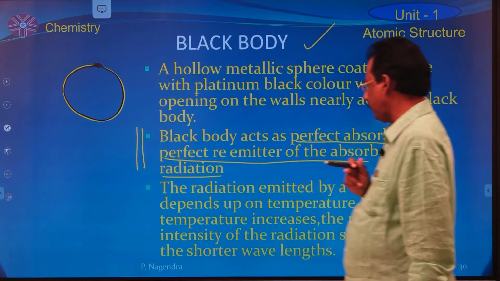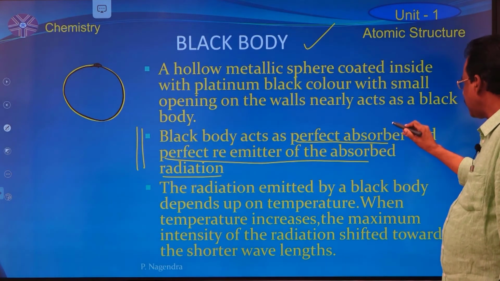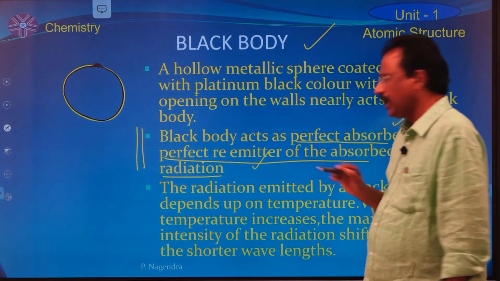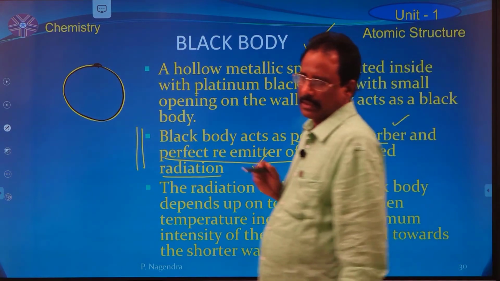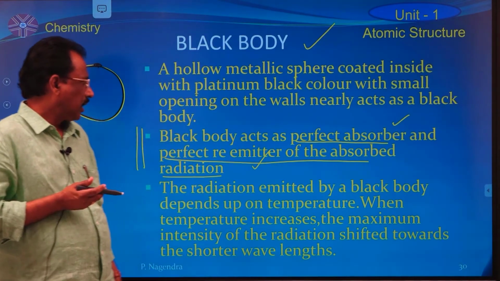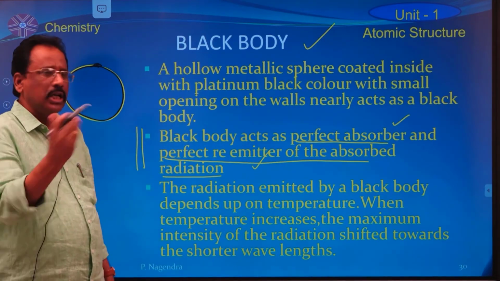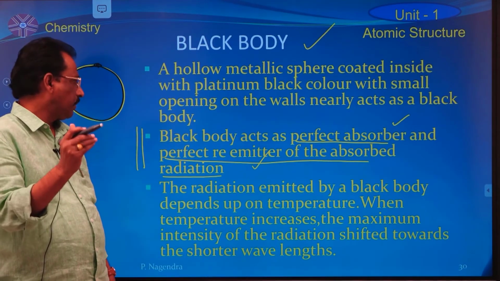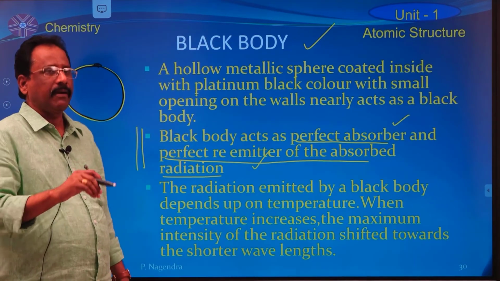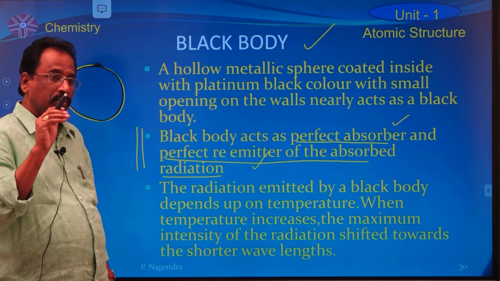The property of a black body is that it acts as a perfect absorber and perfect re-emitter of the absorbed radiation. Remember that there is no transmission and reflection. A black body absorbs the incident radiation completely, and it also re-emits the absorbed radiation perfectly. So this theory explains black body radiation only.